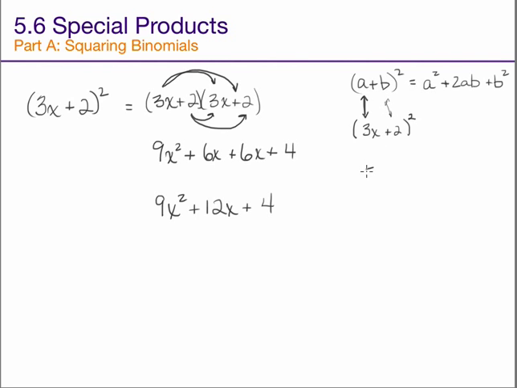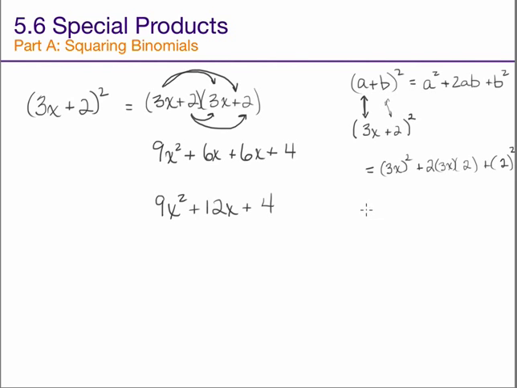So I could have written this as a squared, well, a is 3x, so that goes in there, plus 2 times a times b. A corresponds to 3x, b corresponds to 2, plus b squared. B corresponds with 2.